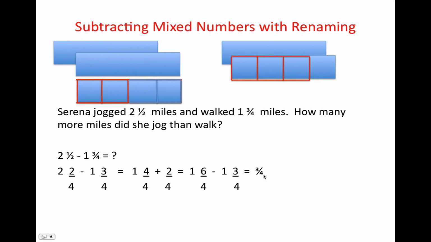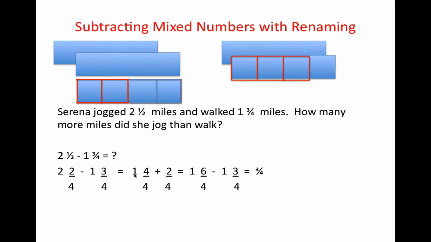If you need to listen to that again and figure out what I did, go ahead and do it. I'll just explain it to you really quickly one more time. Since this numerator is smaller than this numerator, we can't subtract 3 from 2. So we need to change this 2/4 into a larger numerator so that we can subtract from it. So we're going to borrow from this 2 right here.